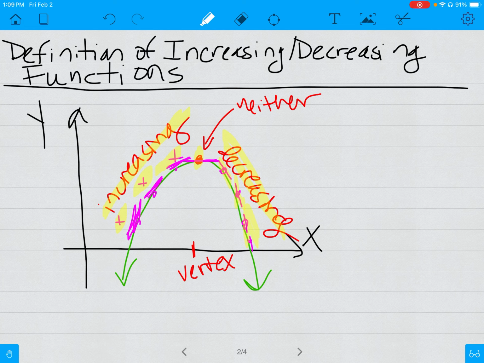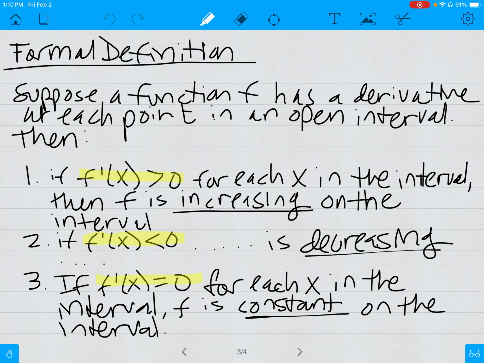So this sort of starts to give us an idea of, if we didn't have a nice graph, if we just had an equation and I wanted to determine where is my function increasing and where is my function decreasing and where is it constant.